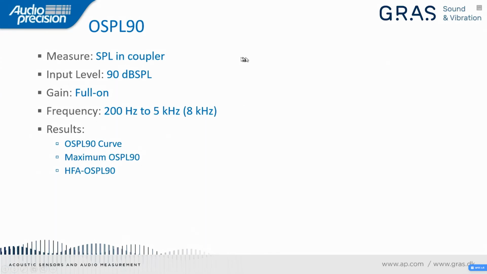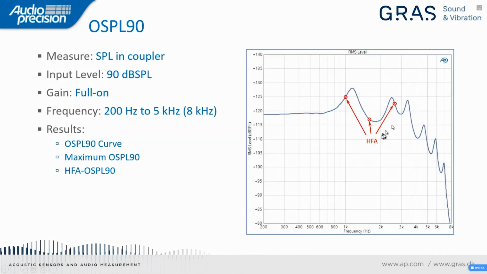HFA stands for high frequency average, and it's derived by taking the average of the level or the gain at three frequencies: 1 kilohertz, 1.6 kilohertz, and 2.5 kilohertz. We simply take the average of the decibel levels at those frequencies, and that's the HFA gain or level.